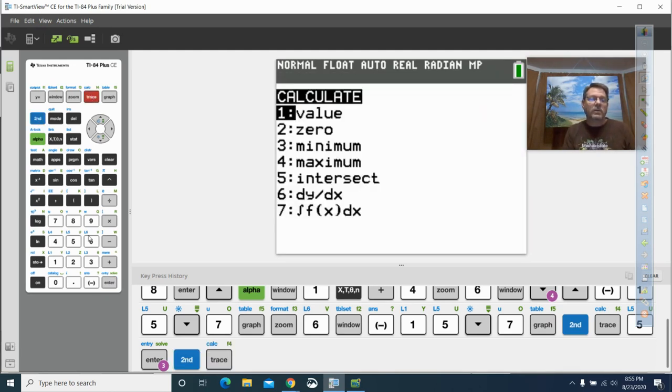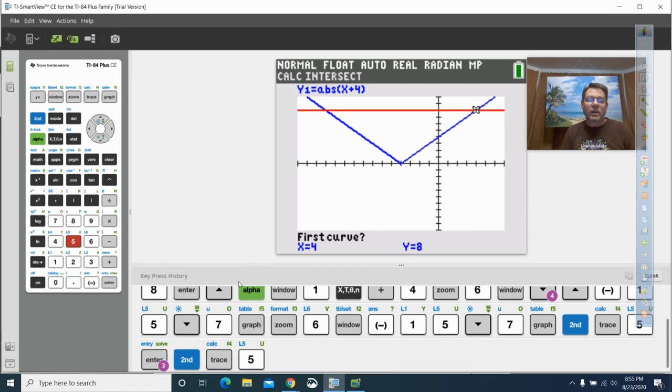Second, calc, intersect. Now, before we go anywhere else, we're going to have to bring that little x over to the other side. I just have to get it closer to the other intersection because it's going to automatically go to whatever is closest to it. So we just hit enter, enter, enter, and bam, there's the negative 12. Okay, so I didn't do a whole lot with the calculator on this video because I did on the previous one. That's all you have to do.